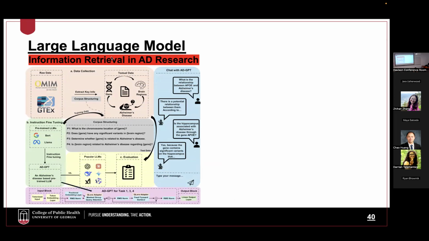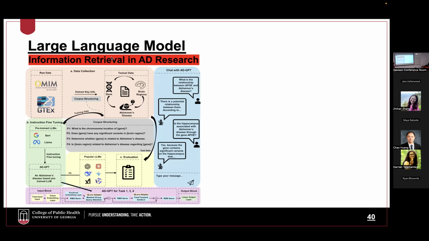We call it ADGPT. In ADGPT, we use existing databases, like GTEx and OMIM, which are biological databases, including all the existing findings in this biological community.